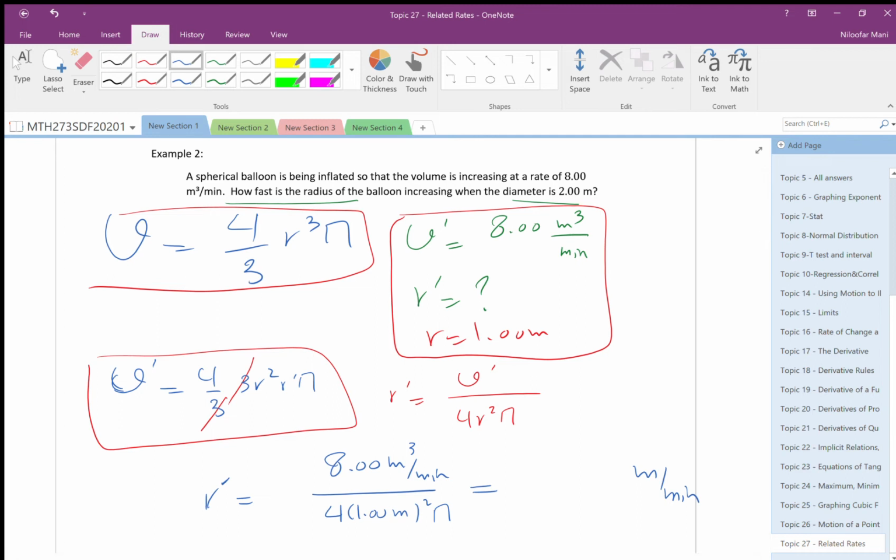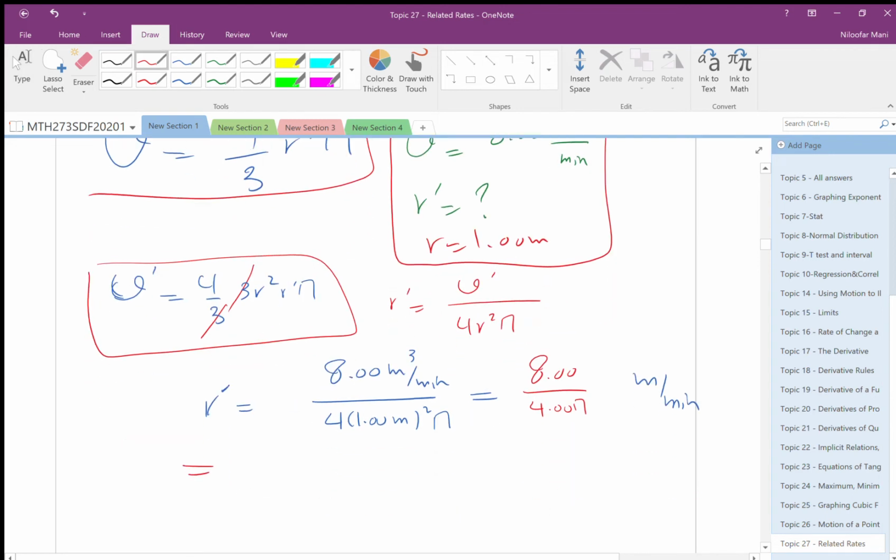So the answer is 8 divided by 4 pi. You can find the answer, 8 divided by bracket 4 pi, which is 0.636.